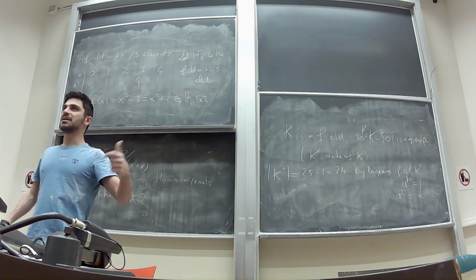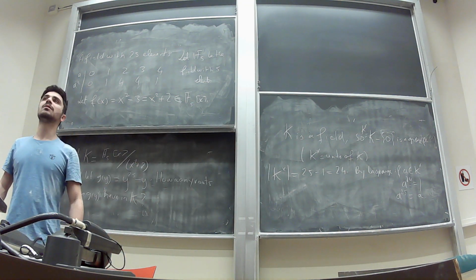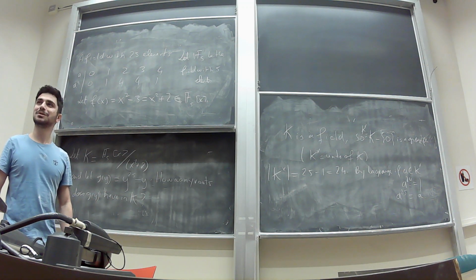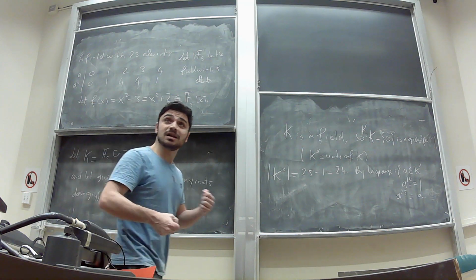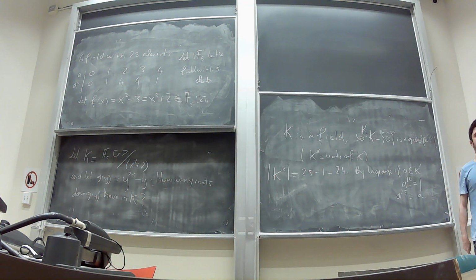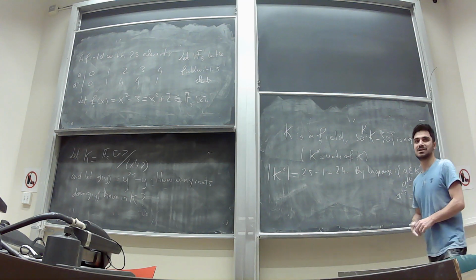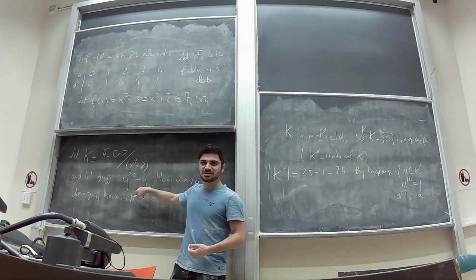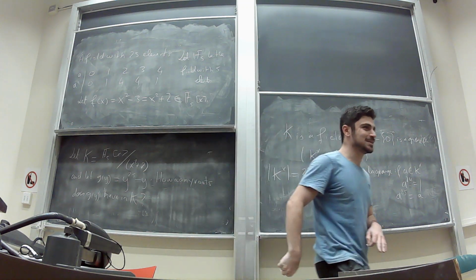So every element in K star is a root of this polynomial. Moreover, 0 is clearly a root of this polynomial. So there are 25 roots. And in general, that's how you prove the existence of a field with 25 elements, for example. You take this one, and notice that the sum of two roots is also a root, but let me not talk about this.